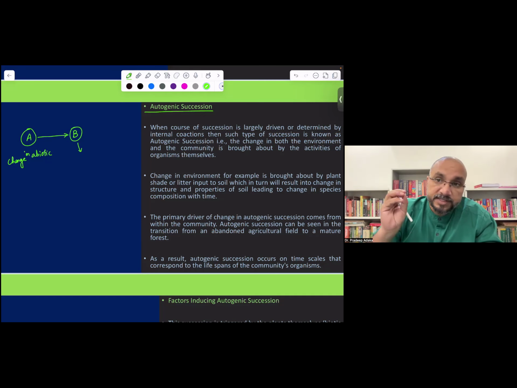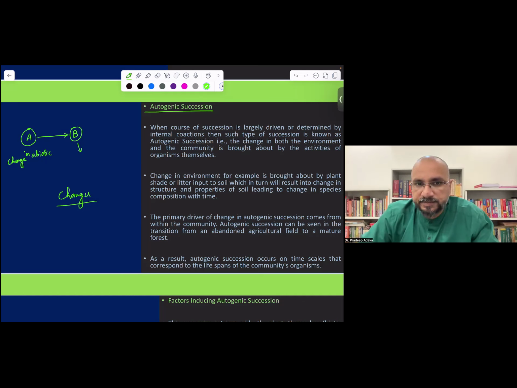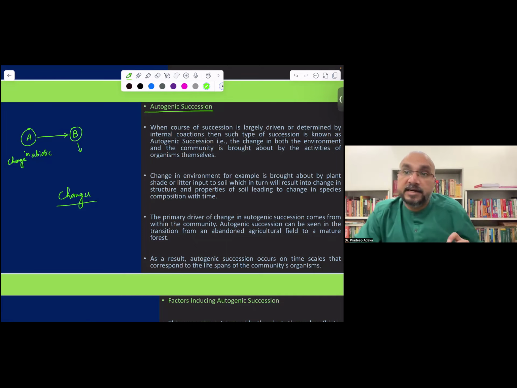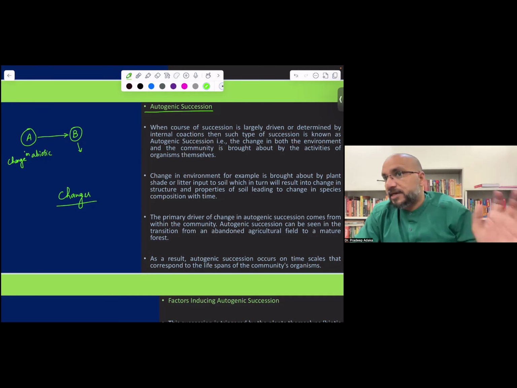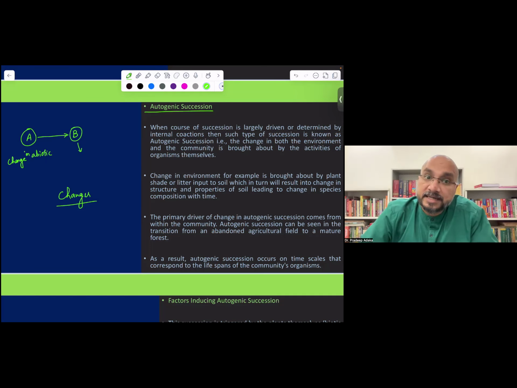So जहां पर changes जो हो रहा है abiotic conditions में, changes are brought by the species or organisms. When the changes in the abiotic conditions happen because of the organisms, it is called autogenic succession. यहाँ पर organisms change कर रहे हैं condition को. Because of the growth of the organisms, the abiotic conditions are altering.